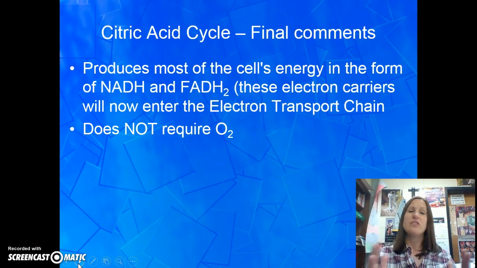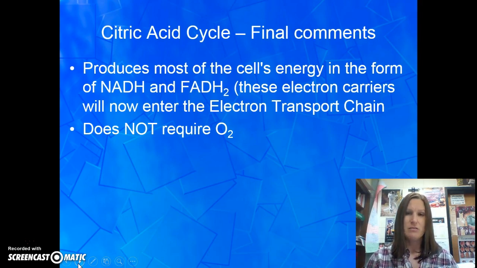So final comments here about the citric acid cycle. It produces most of the cell's energy in the form of NADH and FADH2, which are electron carriers, and now we'll go to the electron transport chain. This does not require oxygen. Oxygen has not been utilized yet. Okay, and we're going to see where oxygen fits into the picture with our electron transport chain.